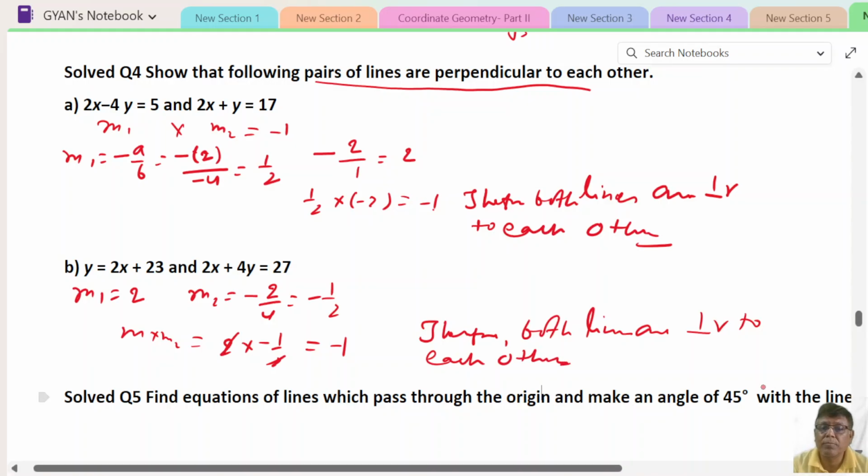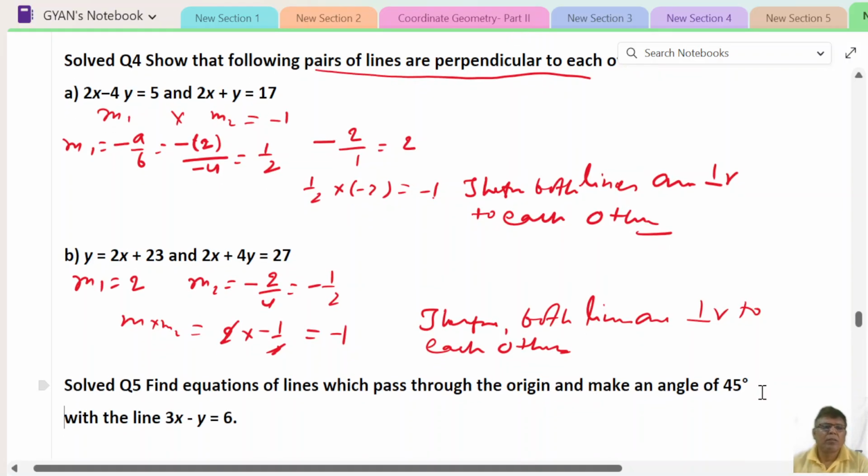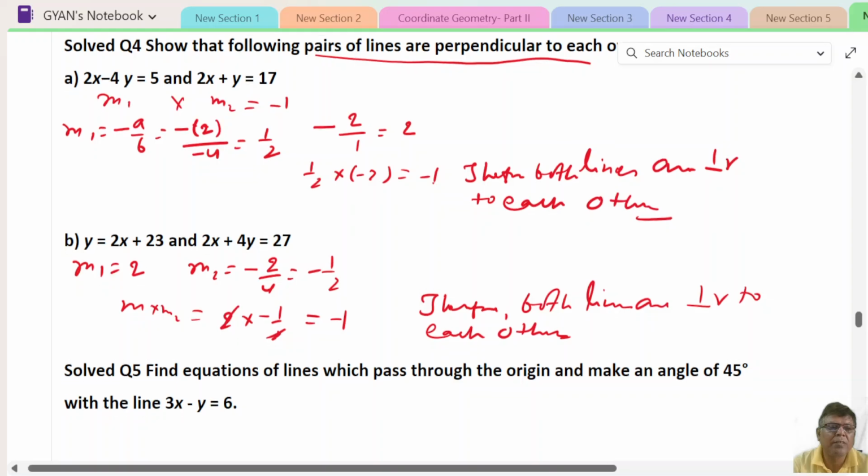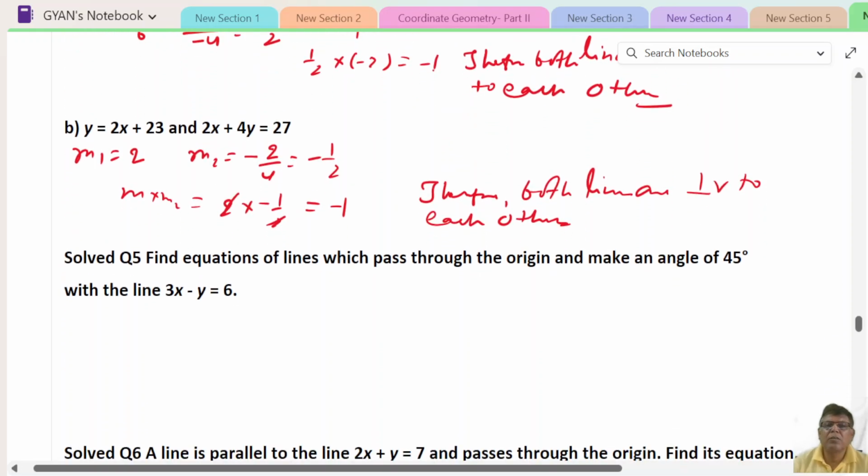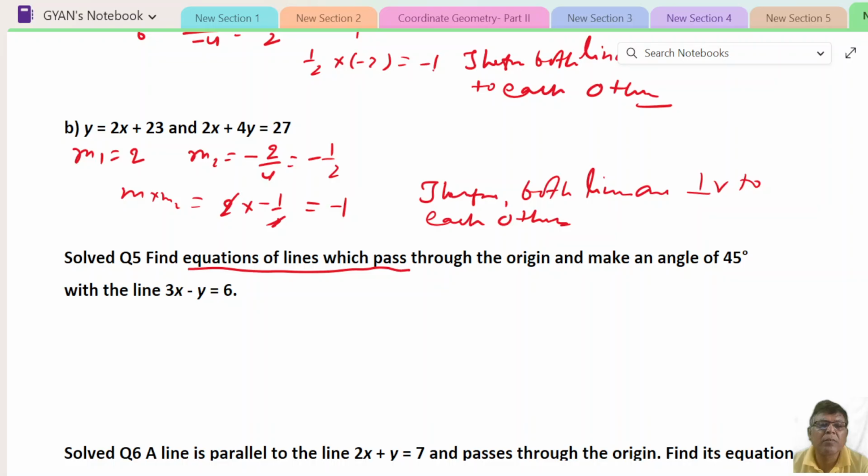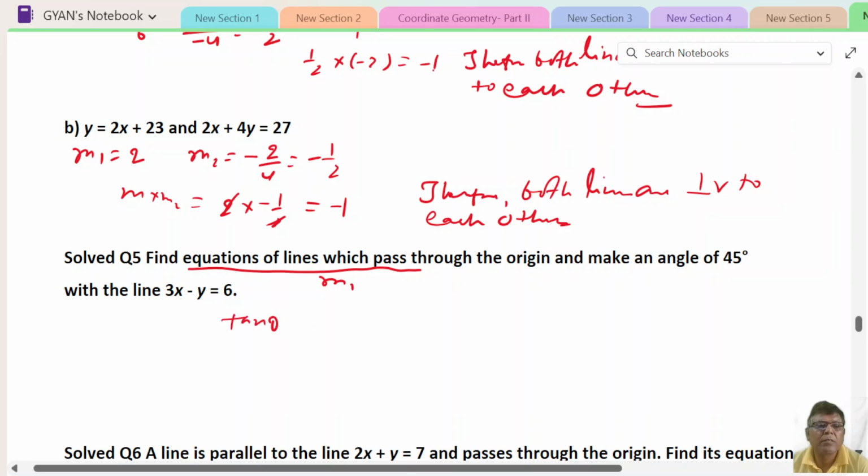Question number 5. Find the equation of line which passes through the line and makes the angle 45 degree with. So suppose this equation is having slope m1. So tan 45 degrees, 45 degree, and this is m2.